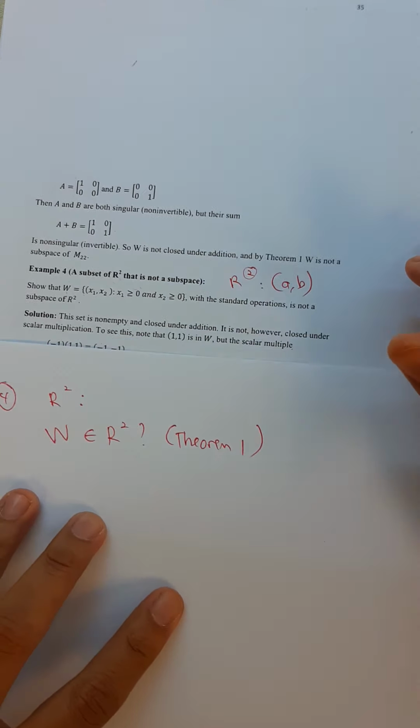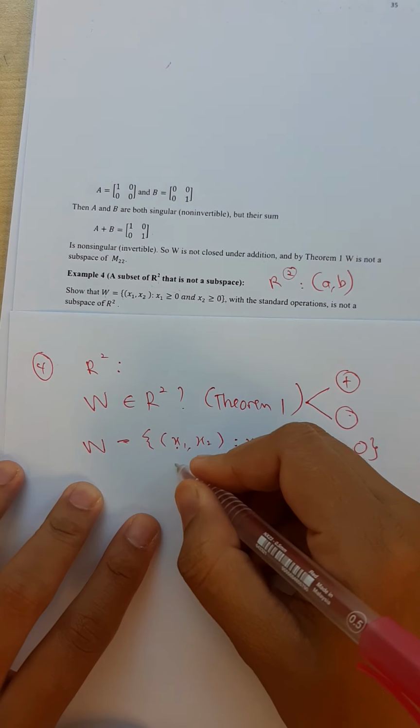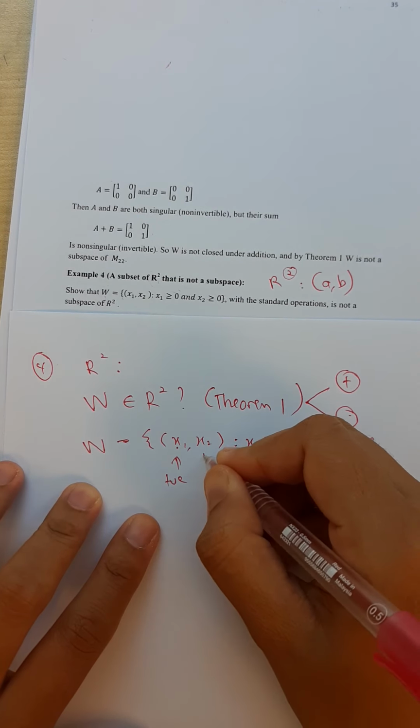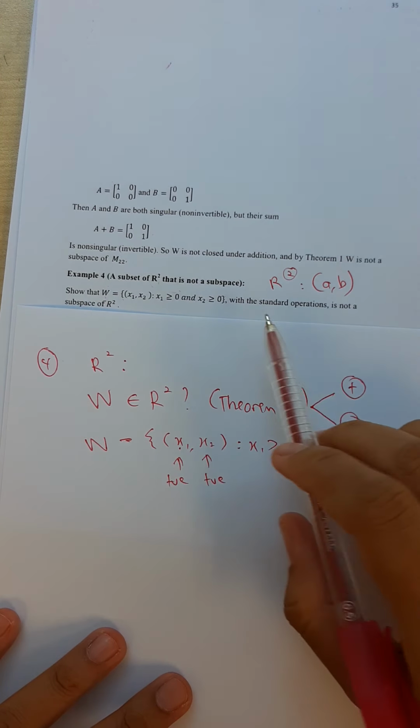So first of all, let's have a look at the definition of W. W is given by x1, x2, where x1 is greater than or equal to 0. This implies that the first coordinate is always non-negative. And you are given x2 greater than or equal to 0. So this one also has to be a non-negative number, with standard operations.